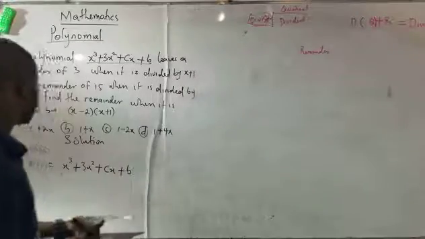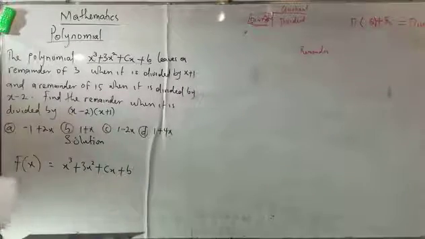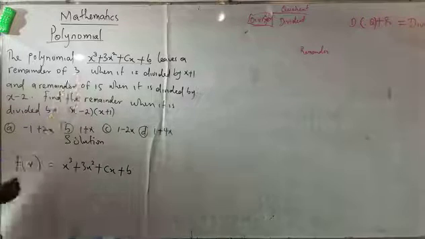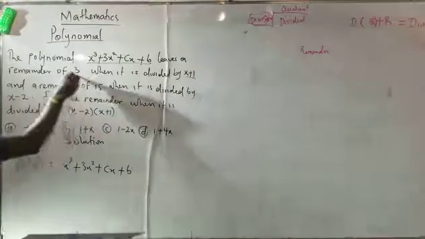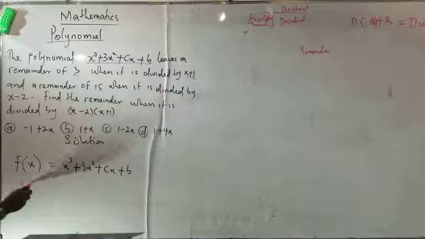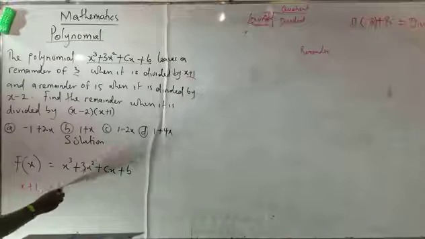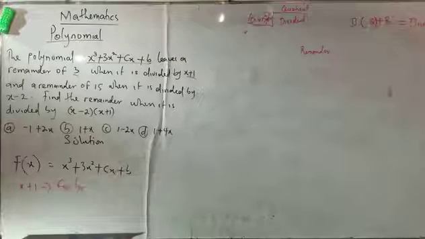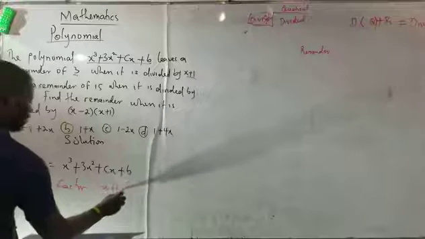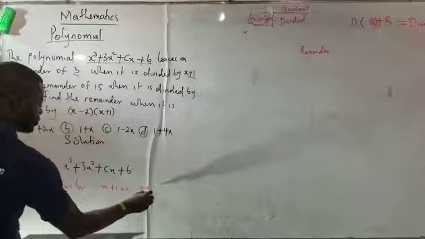Now, the first thing I need to do here is to say that when this is divided by this, it leaves a remainder of this. It shows that x plus 1 is a factor. Take note of that. Now x plus 1 equals 0, so x equals minus 1.